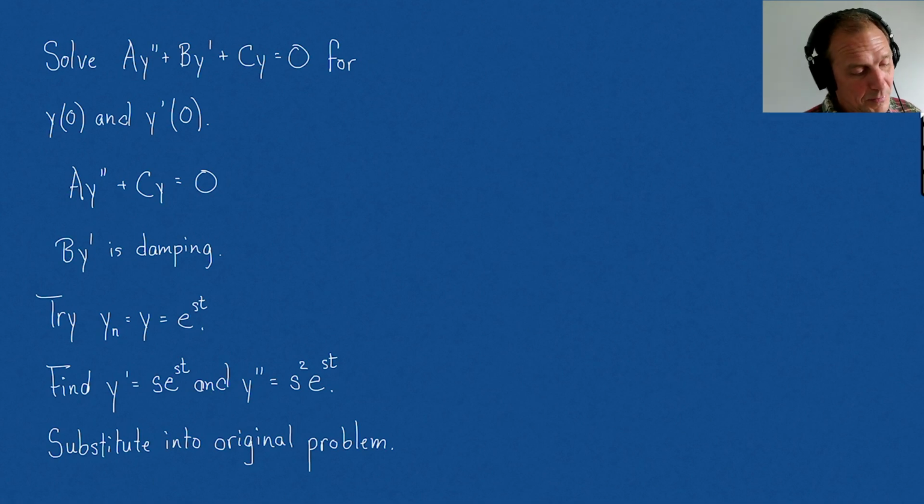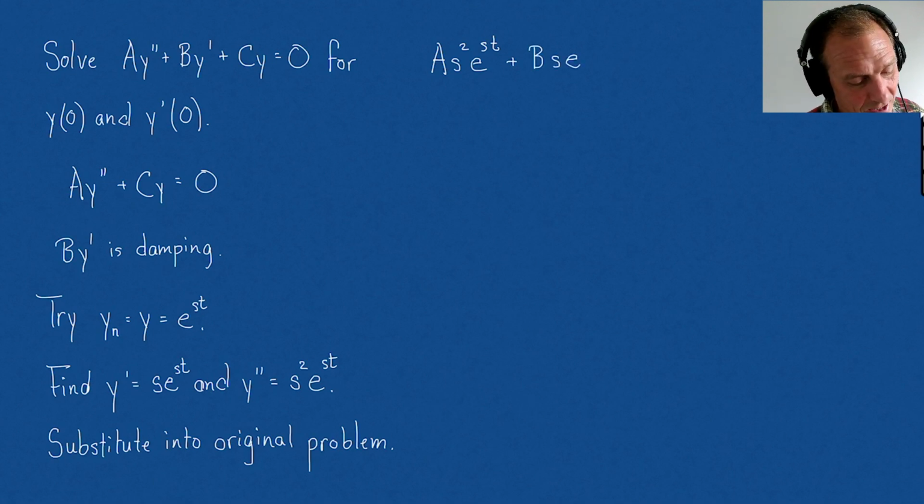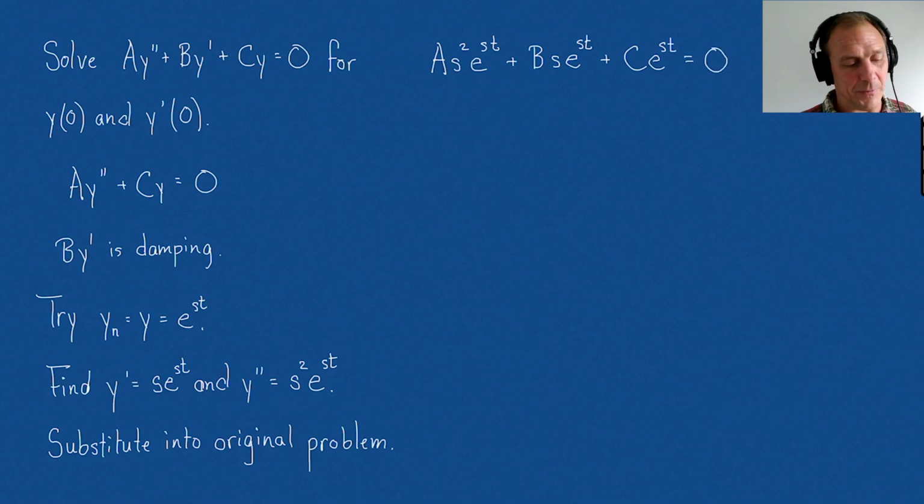So now we have a times y double prime, which we said is s squared e to the st, plus b times y prime, which we just found is s e to the st, plus c times y, which we said is e to the st. And this is the null solution, so it equals 0.